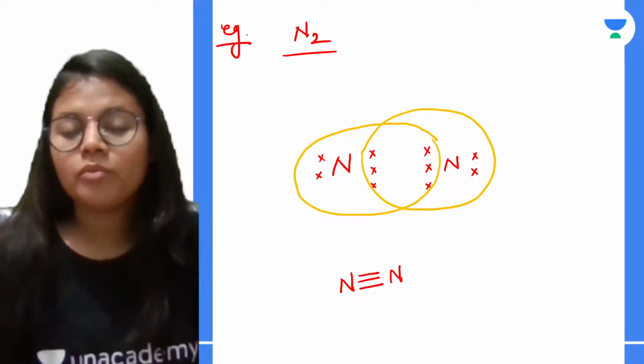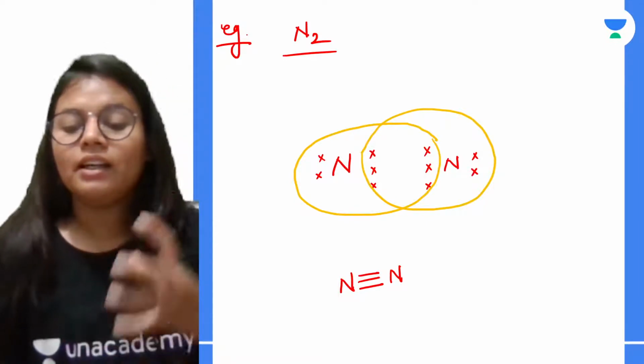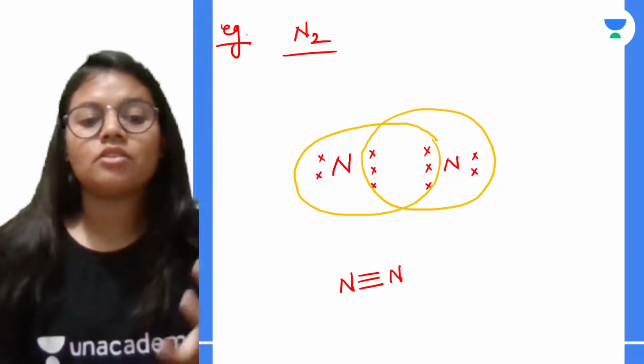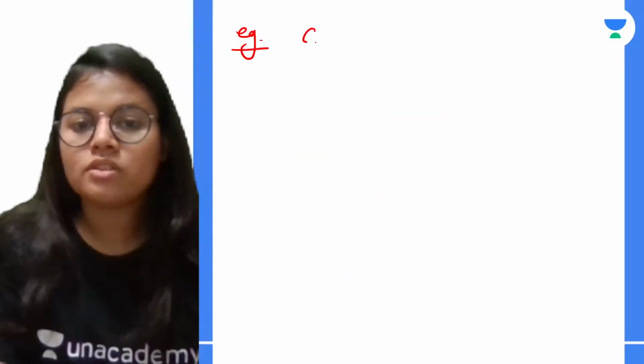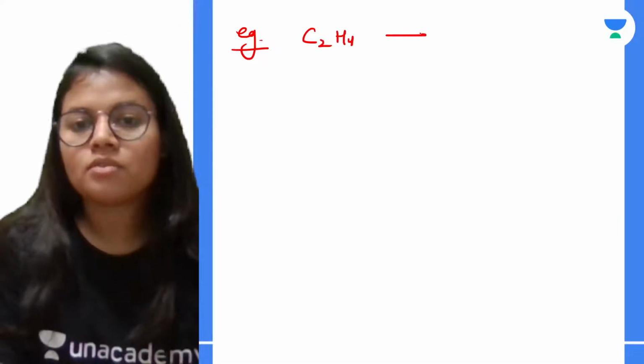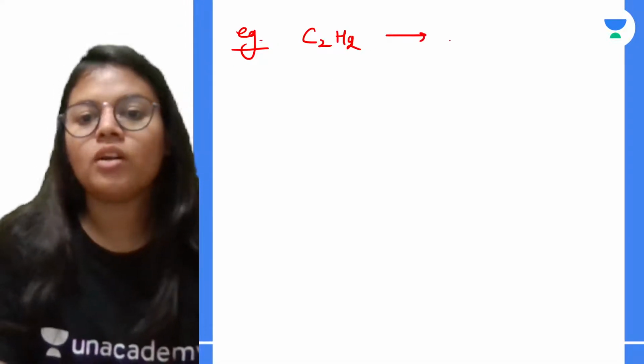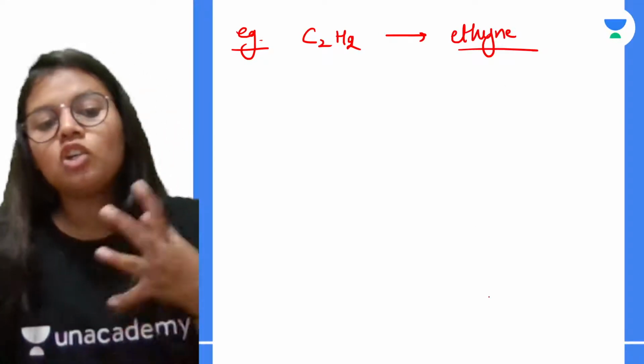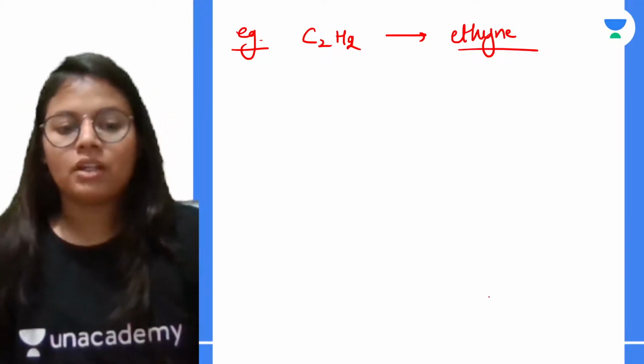Okay, so I hope that up till here it is clear, and also it is not necessary that it is formed between same elements, it could be formed between different elements also. So example लेंगे हम लोग C2H2. What is this compound known as? It is known as ethyne from the family alkyne, जो कि हम लोग organic compounds में पढ़ने वाले हैं.